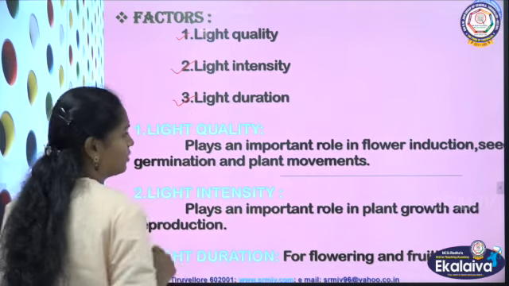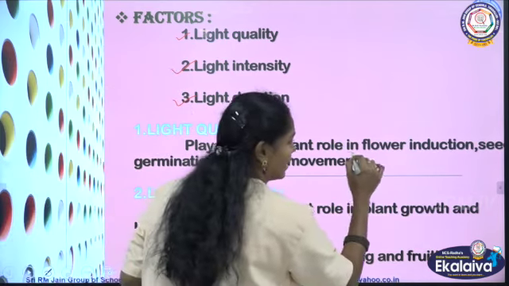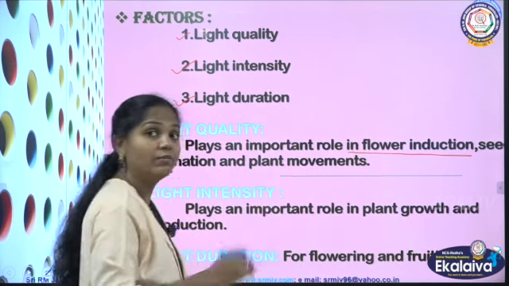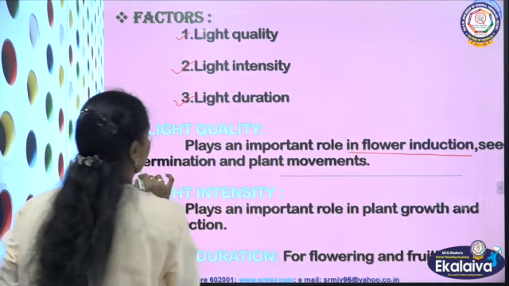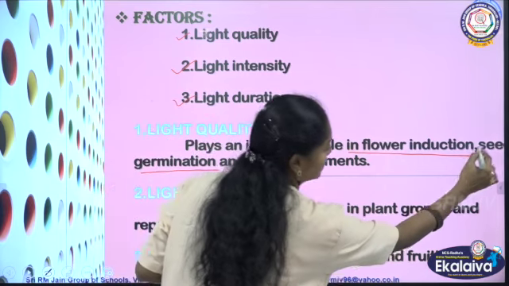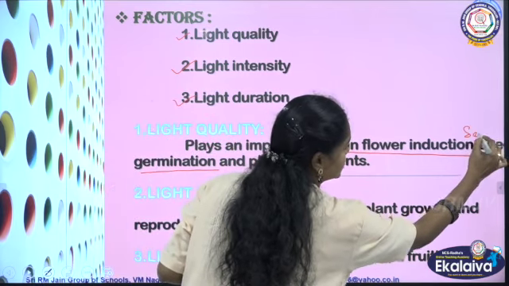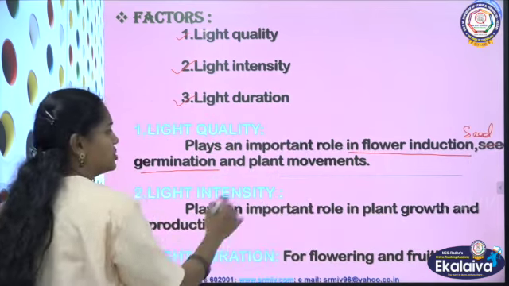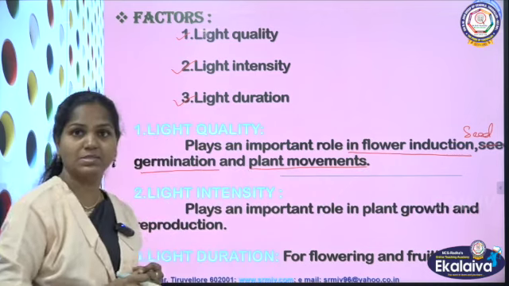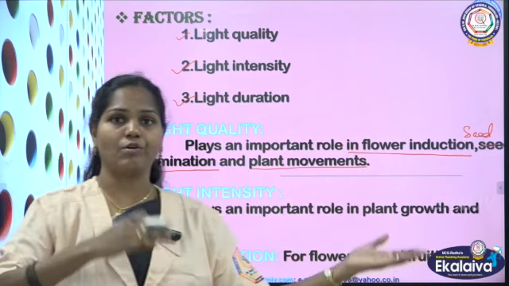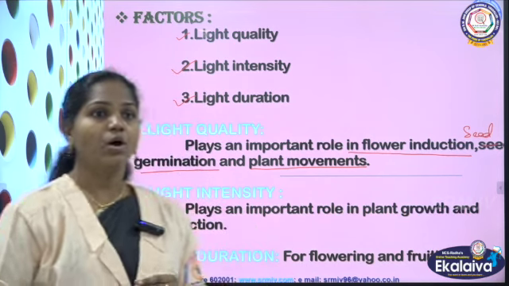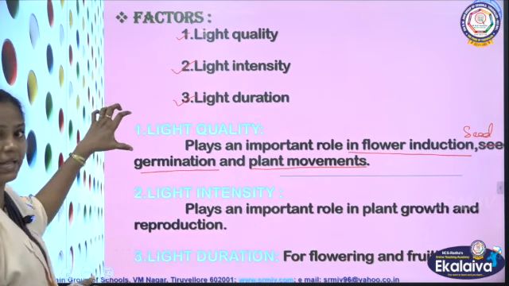Light quality has an important role in flower induction, seed germination and the movement in plants. You know phototropism, geotropism and all, all those things depend on light quality.